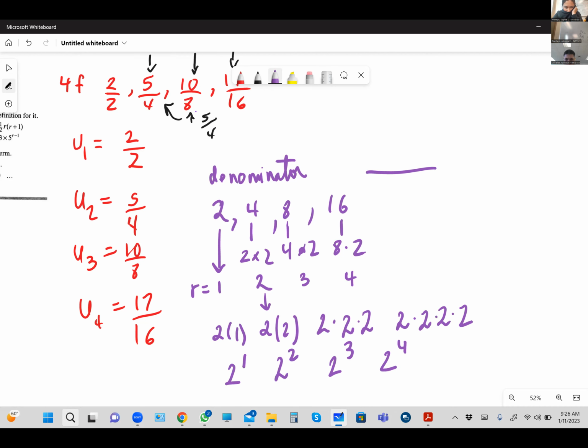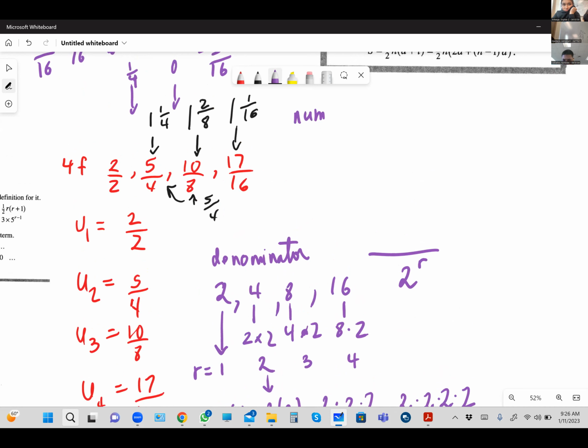Now for the numerator, we got to figure out a wait, chat. Yes, yes, Gabriella. It's 2 to the R. Now what about the numerator? Let's observe the numerator. We got 2, we got 5, we got 10, and we got 17.